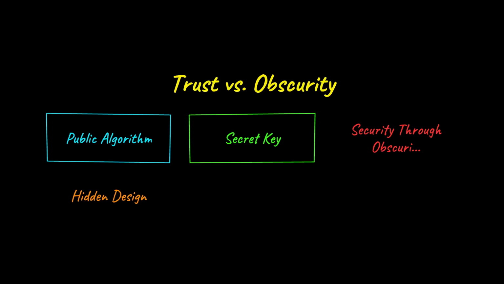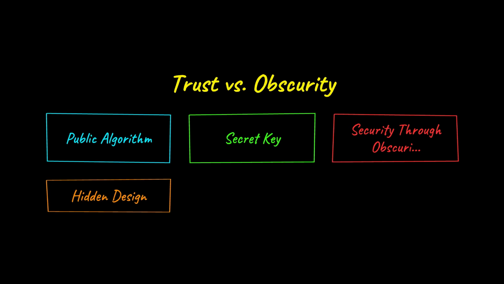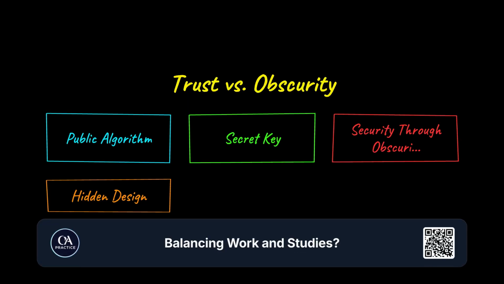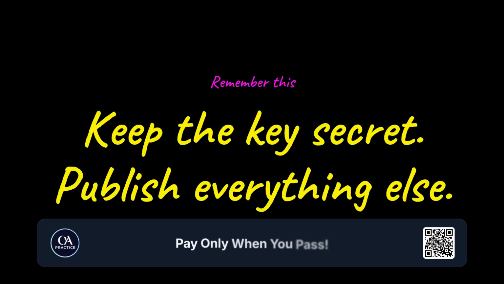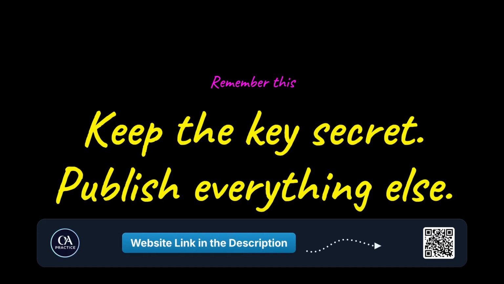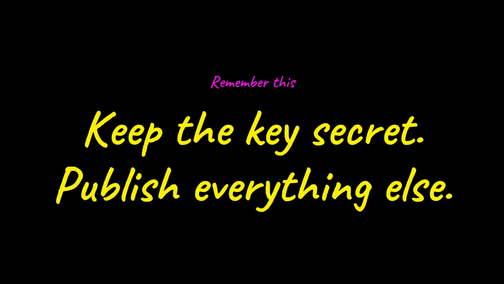But history shows secret algorithms get reverse engineered or leaked. A vendor who hides their algorithm and claims that secrecy as their strength is a warning sign, not a reassurance. Keep the key secret and publish everything else. This is why modern algorithms are standardized in the open, and why any claim of strength through a hidden algorithm deserves deep suspicion.